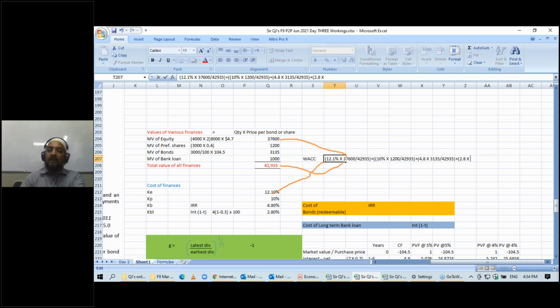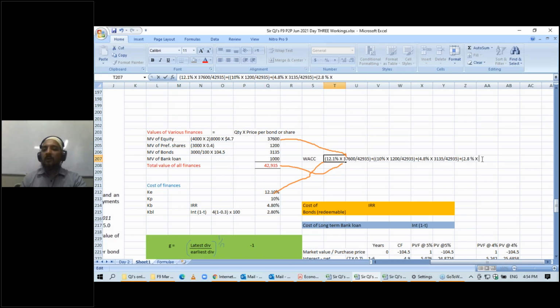Now note over here, as I said earlier, the highest is the cost of equity, then the cost of preference shares, which is closer to equity, and then the lowest is 4.8% and the 2.8%, which is cost of debt. So the company can reduce its cost of capital by obtaining more funding from the debt capital rather than from equity capital.